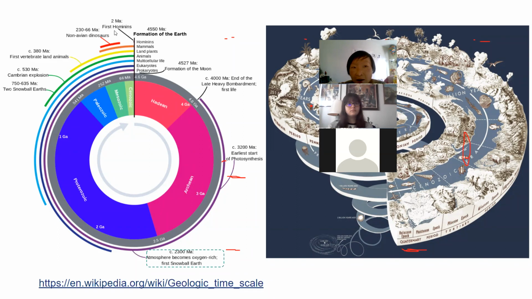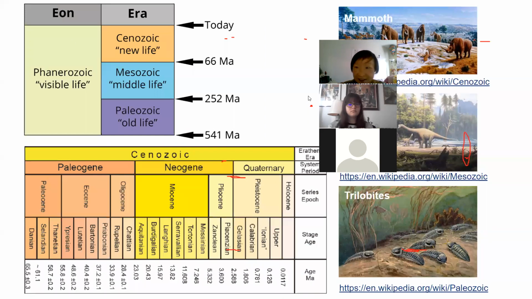And you can see our human beings are actually the very last second of this long history. So that is why this long history is out of our imagination. So that is how we divide the geologic and ecosystem events.